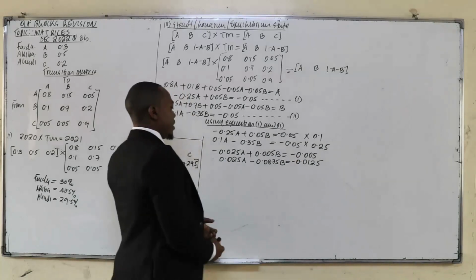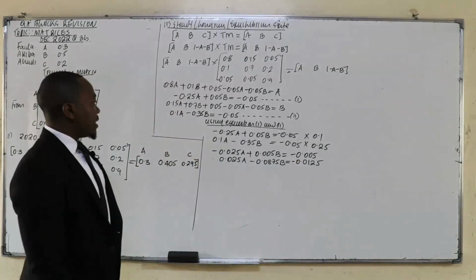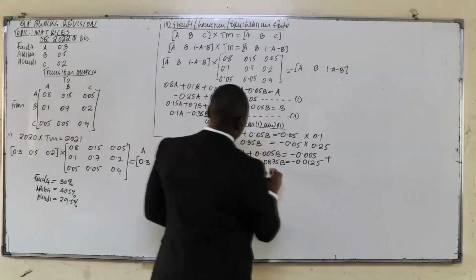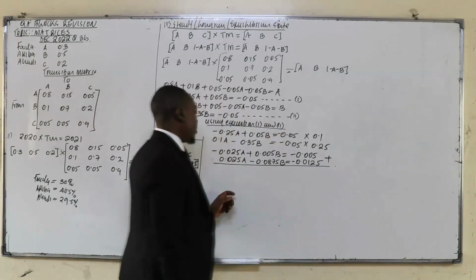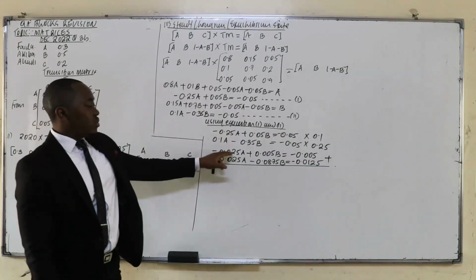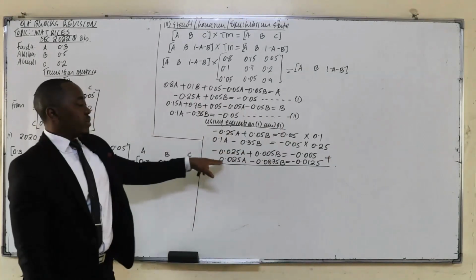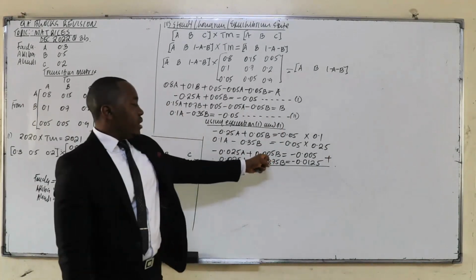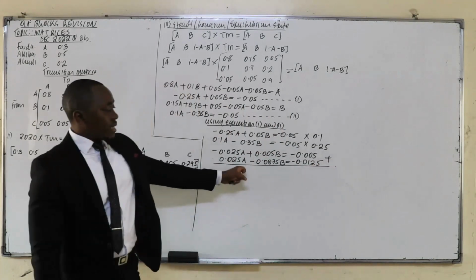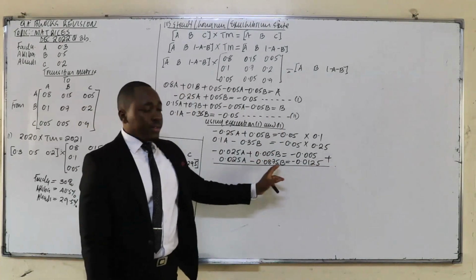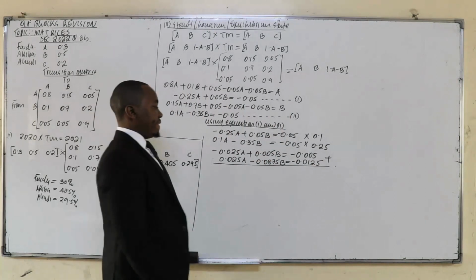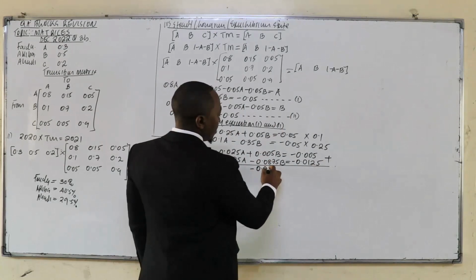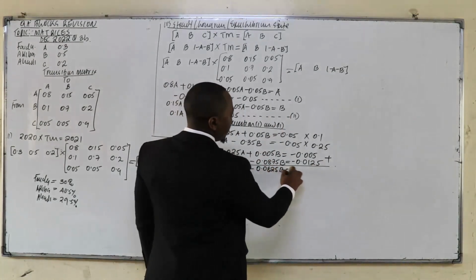Then do we add or do we minus? You add. Good. The objective is to eliminate A. So if you take negative 0.025A plus 0.025A, that one disappears. 0.005B, you add negative 0.0875B, you get negative 0.0825B is equal to.